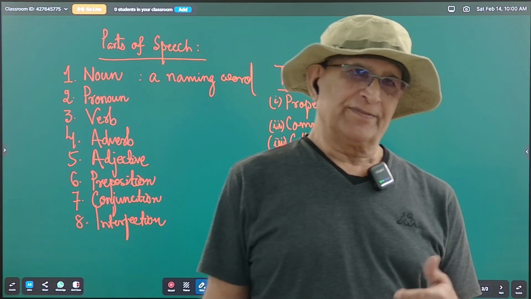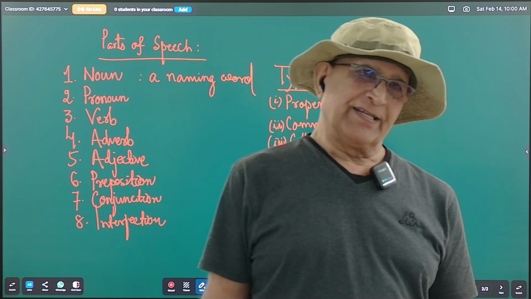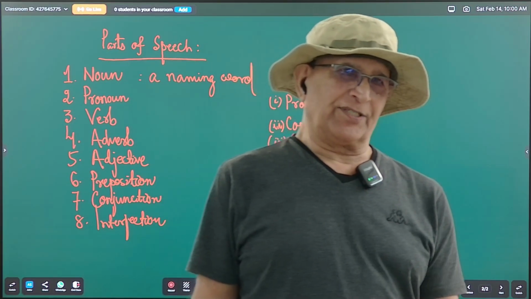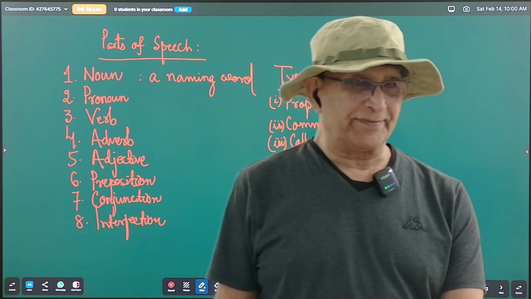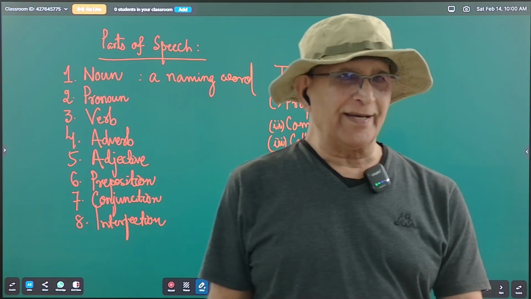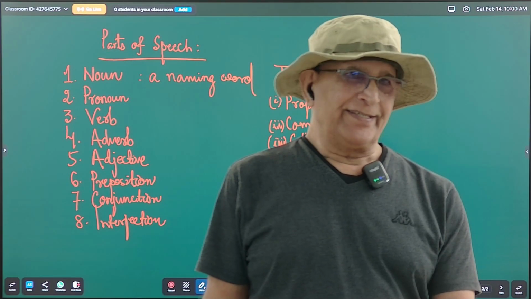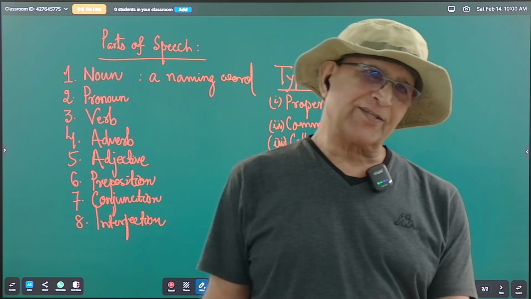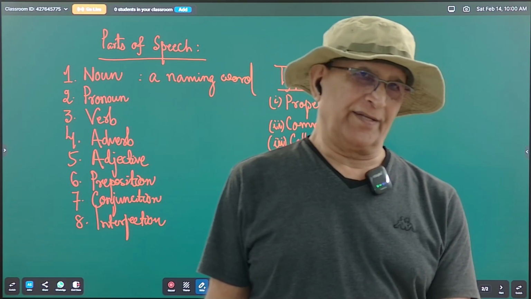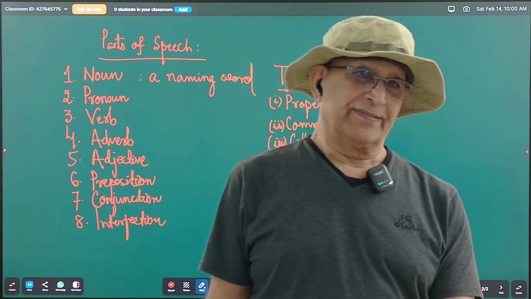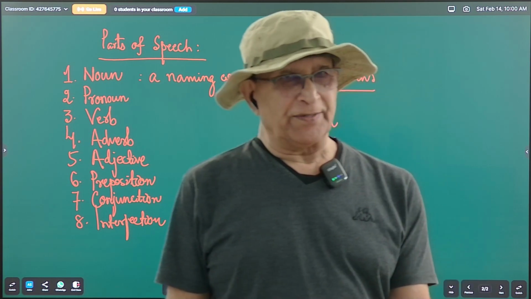College, common noun. But if you say BJP college, it is a proper noun. Only college, it is a common noun. Town, it is a common noun. Khurda, Pipili, proper nouns. Mountain, common noun.